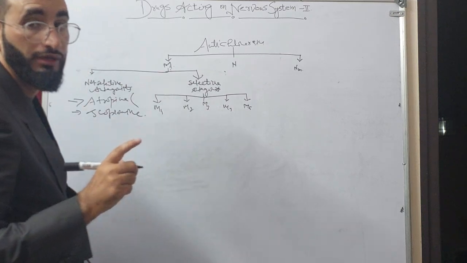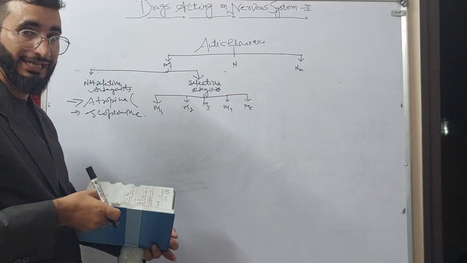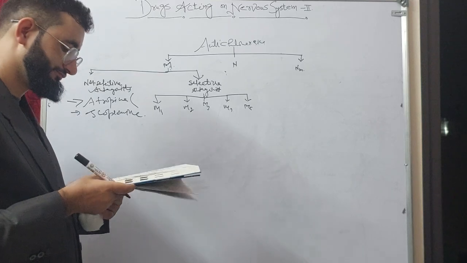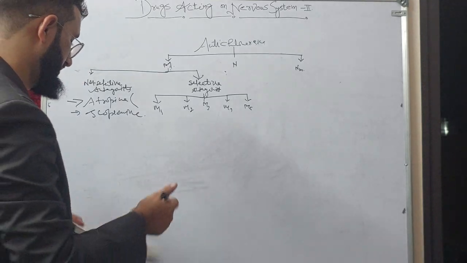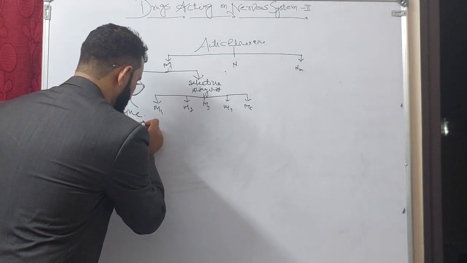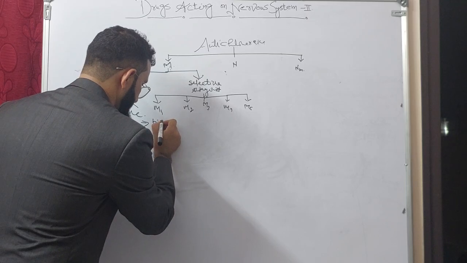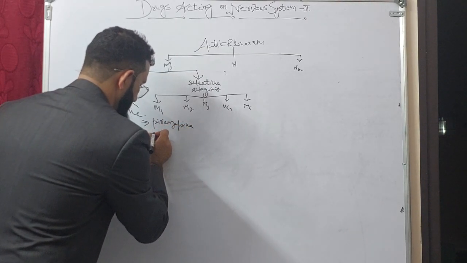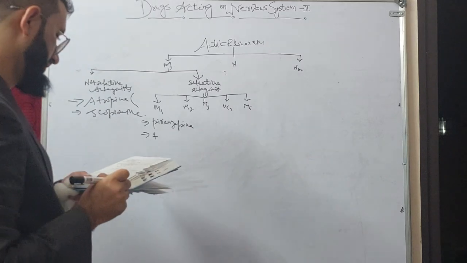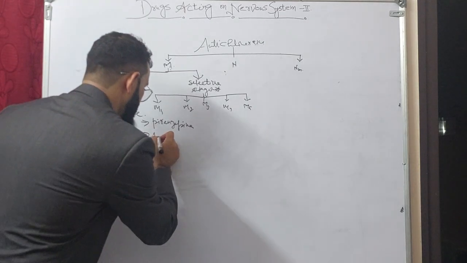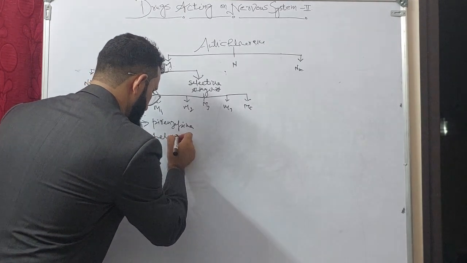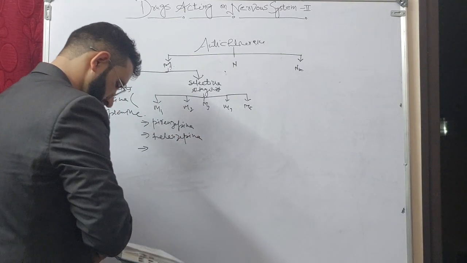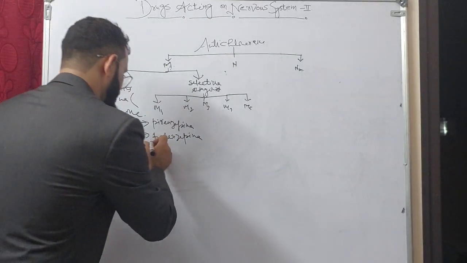For the M1 selective receptor antagonist, we have three important drugs: pirenzepine, telenzepine, and trihexyphenidyl.